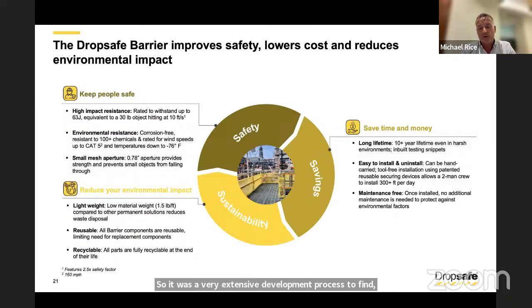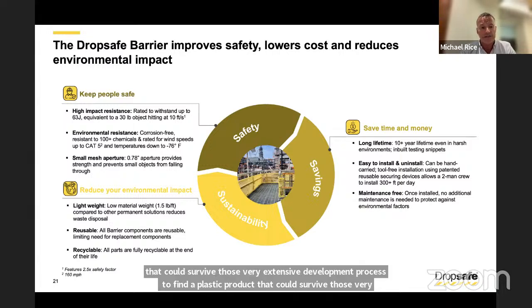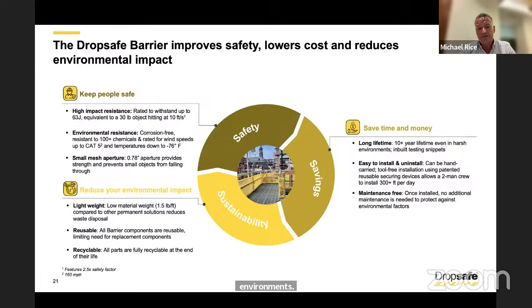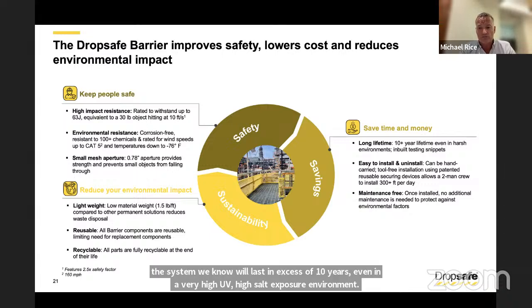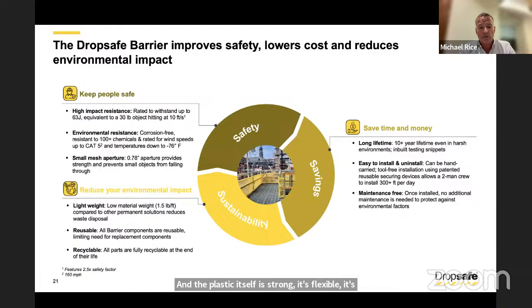The system we know will last in excess of 10 years, even in a very high UV, high salt exposure environment. The plastic itself is strong, flexible, and durable. Because it is plastic, no maintenance is required because there's no rusting or corrosion, which means your life cycle costs are very low versus other solutions.